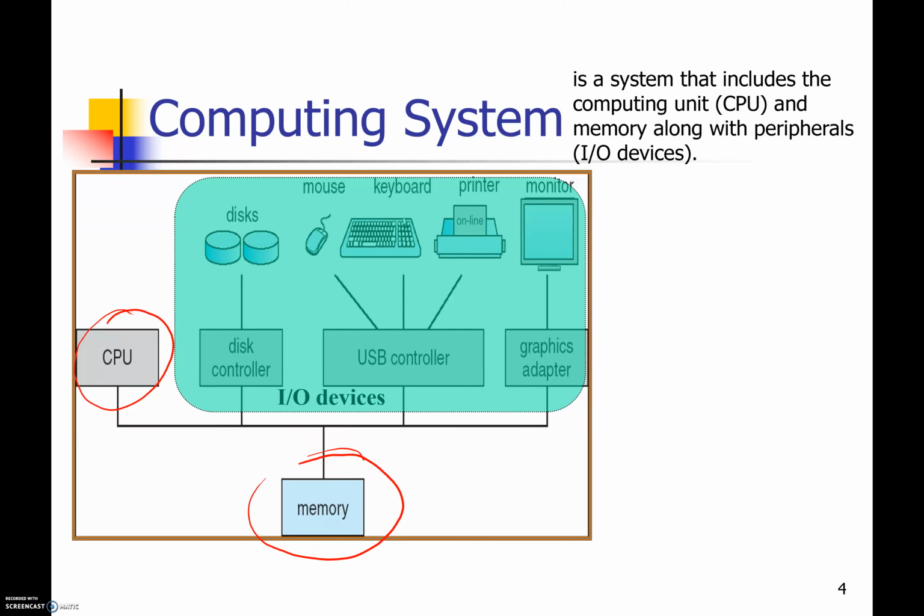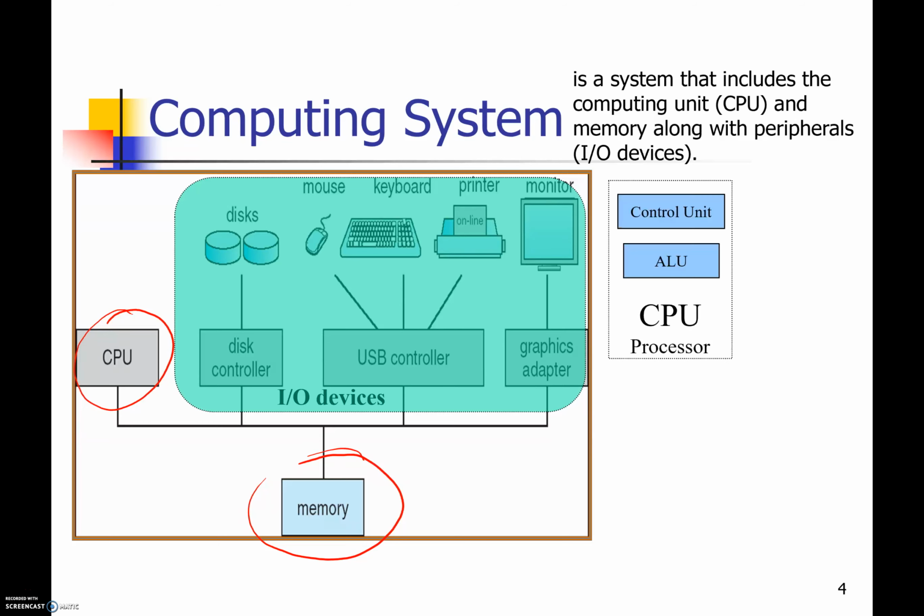When you look at the computing system from that perspective, basically you have a CPU in which we have two major units. One is the control unit, and one is the arithmetic logic unit, which does the computations: additions, multiplications, divisions, comparisons, and things like this. And then the memory. These two things are connected to each other through many wires, so the CPU can send and receive information through these lanes to the memory.